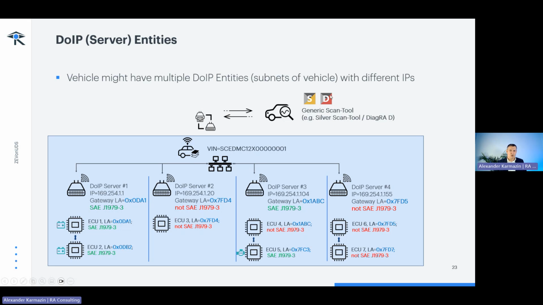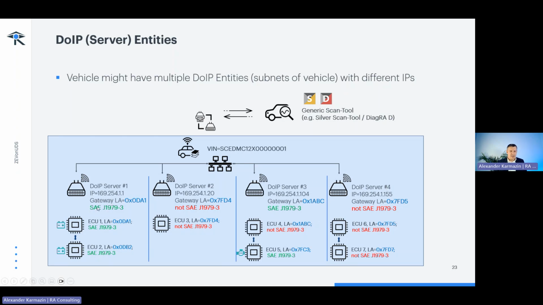What is important to know is that the generic scan tool, or generally the diagnostic tester, will try to connect to all of them separately and talk to all of them to identify what is supported or not.